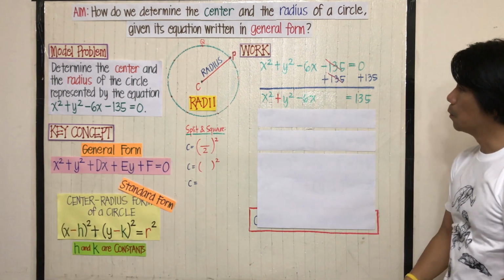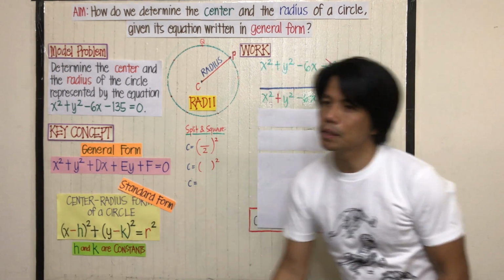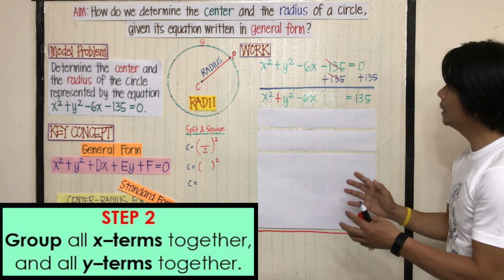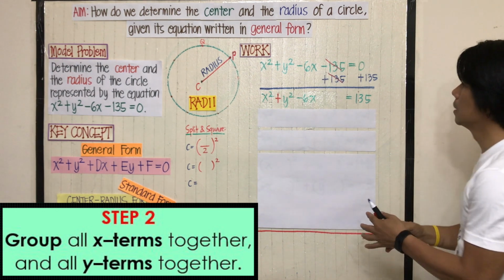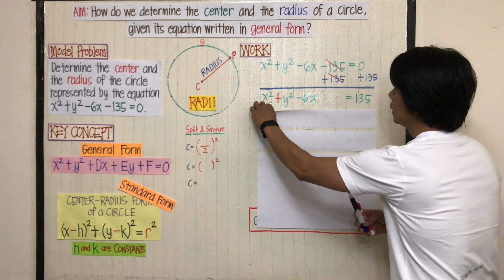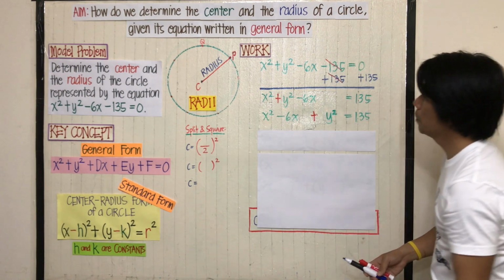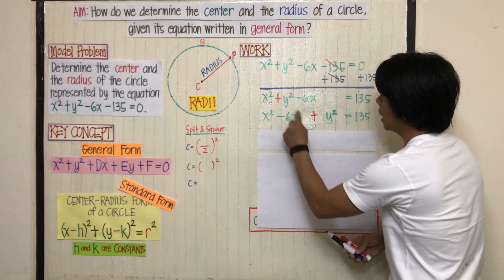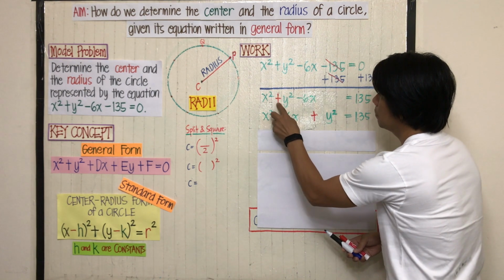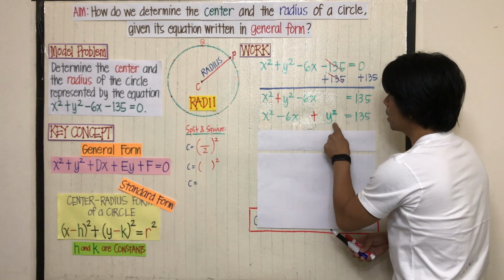You will see why. In step 2, it says group all the x terms together and y terms together. And that will be here. If you notice, I put the x squared and minus 6x together, and then plus y squared, it's right here.